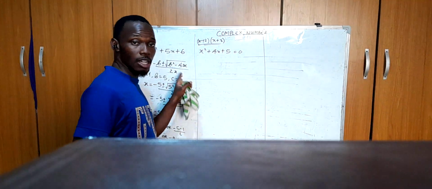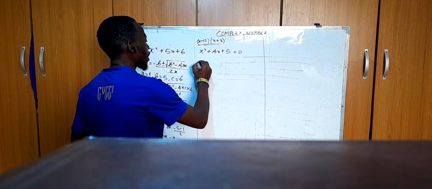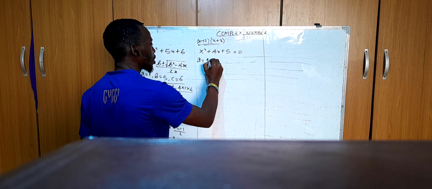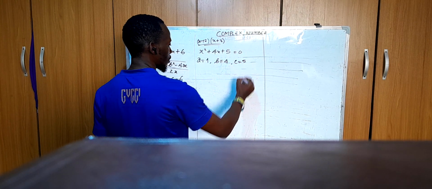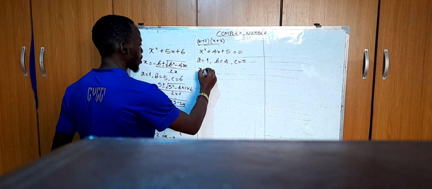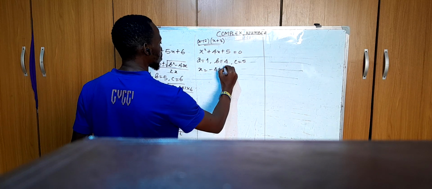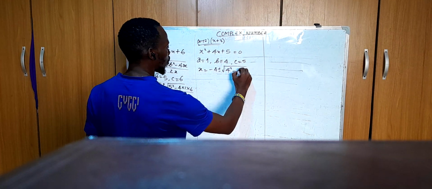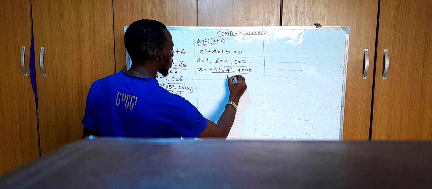All right, still using the formula method. Let's just write the parameters. a is equal to 1, b equals 4, c equals 5. Now substitute it in this equation. You see that x equals minus 4 plus or minus the square root of 4 squared minus 4 times 1 times 5, over 2 times 1.